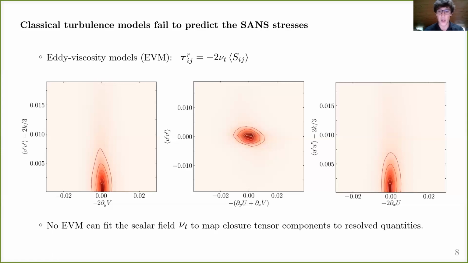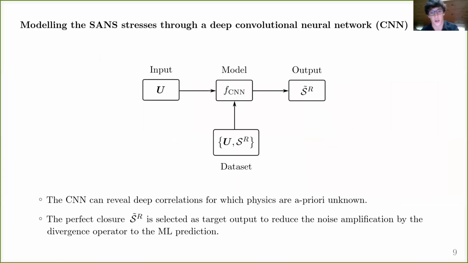So what we did then is to turn our attention to data-driven methods. In a 3D simulation, we can generate a data set of spanwise average quantities, resolved and closure ones, here like capital U and S^R respectively. And we can feed this data set into a data-driven function that provides the mapping that we need.